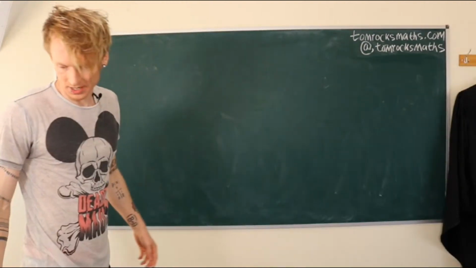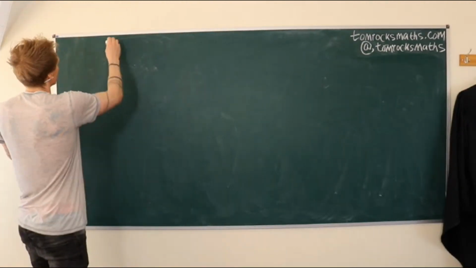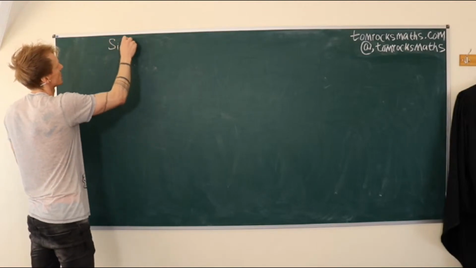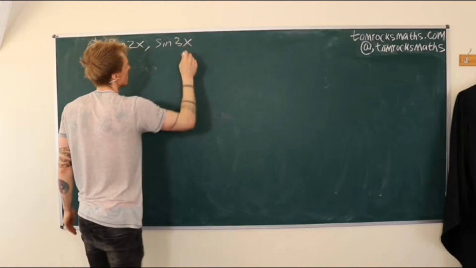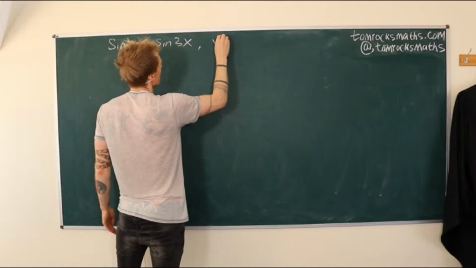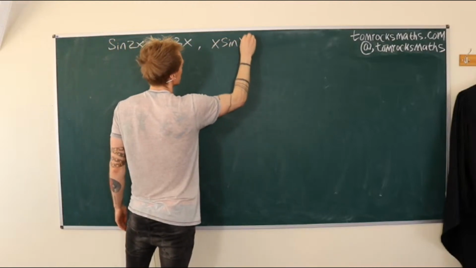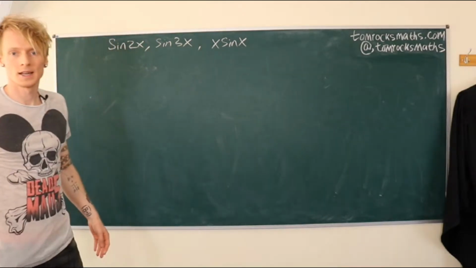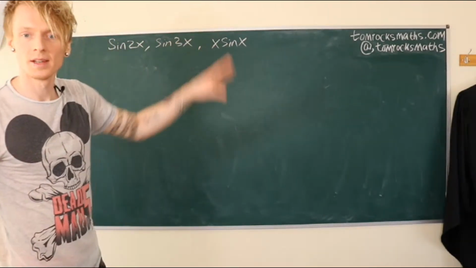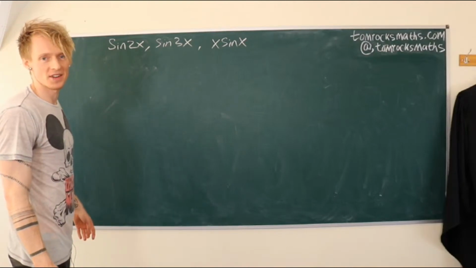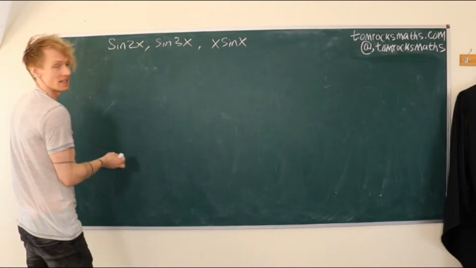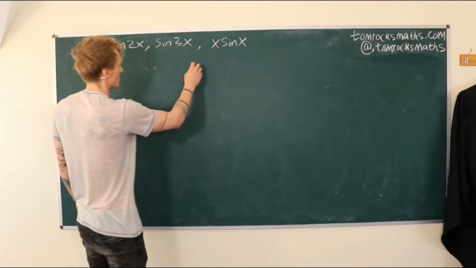So Joe wanted to know, what are the graphs of functions like sine of 2x, sine of 3x, or even x sine x? Okay, so we'll start with the first two, and then we will pop up to the third, tricky one, x sine of x. Right, well, we're going to need a graph of sine of x. That's going to be our starting point here.